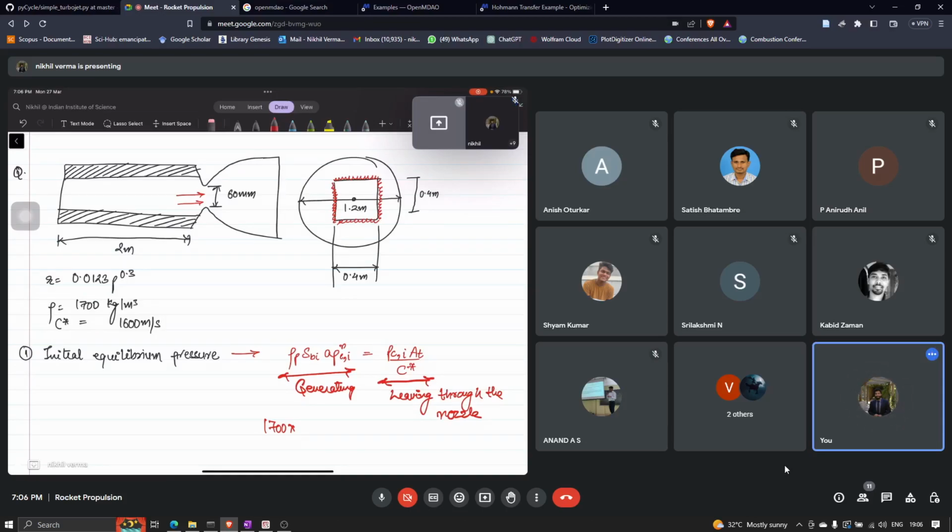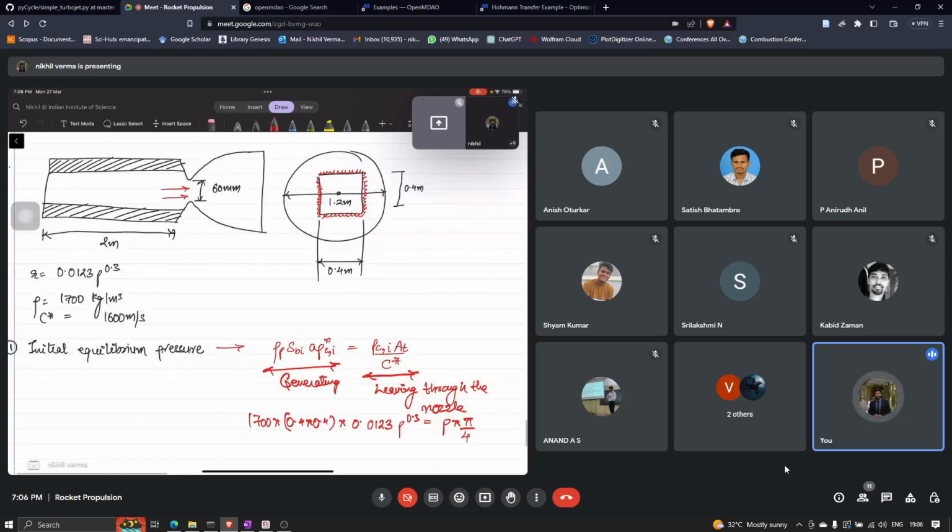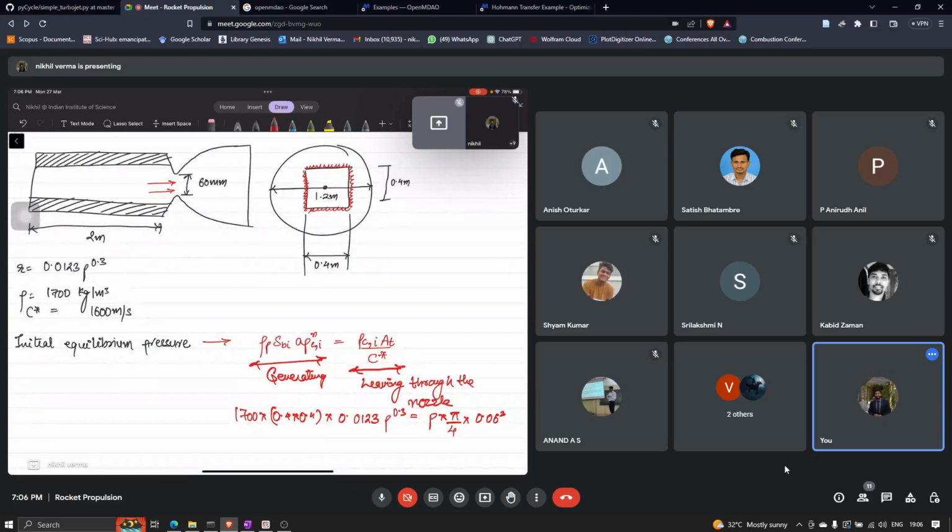Your Sb is given as, so this is 0.4 into 0.4 into 3 p to the power 0.3, and you have p into area of the throat, that is pi by 4 into 0.06 square, and divided by the C star.